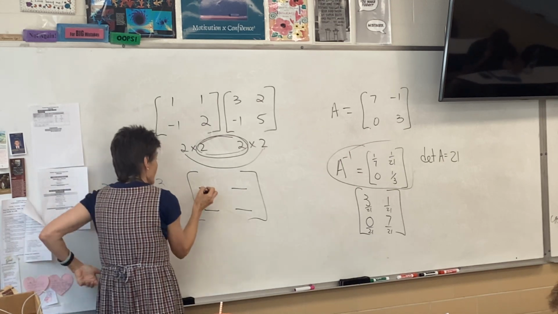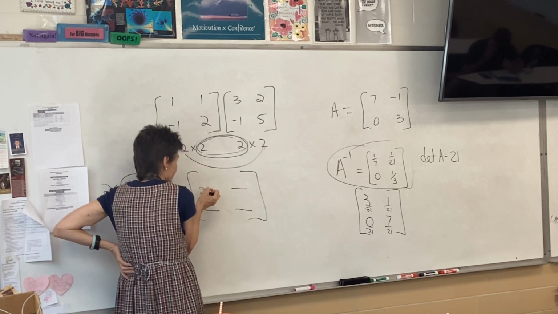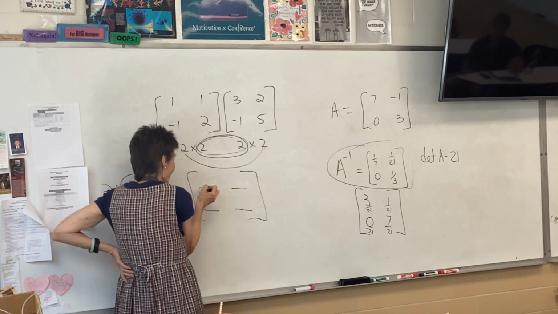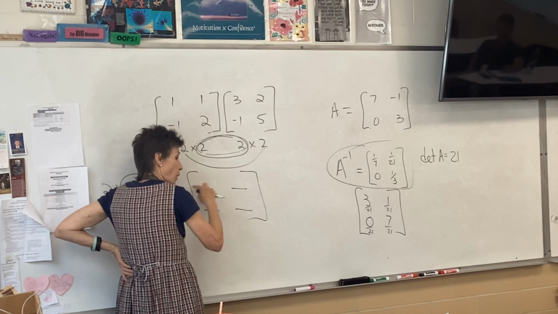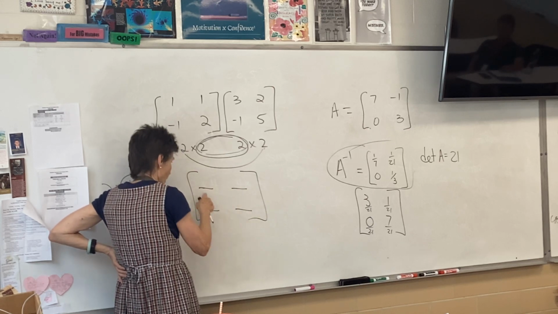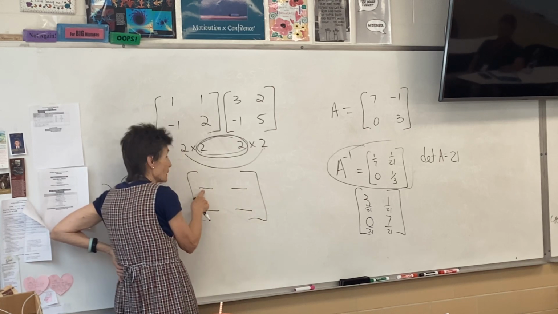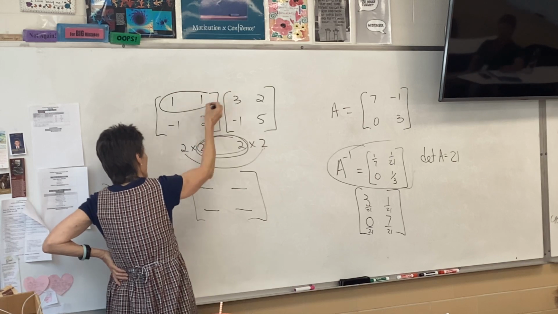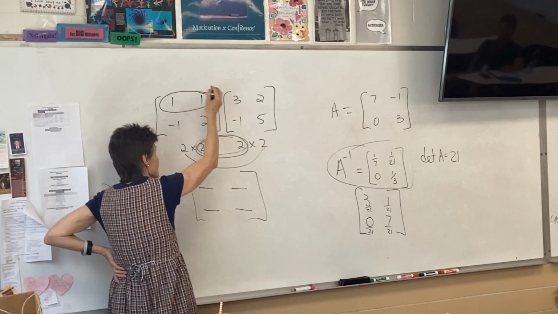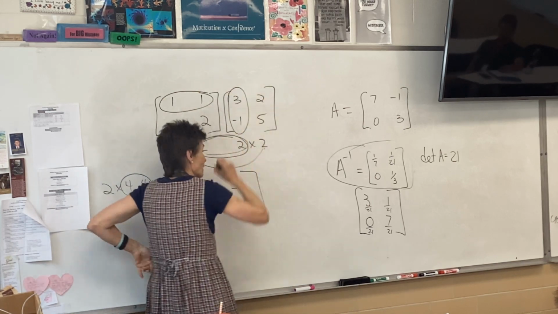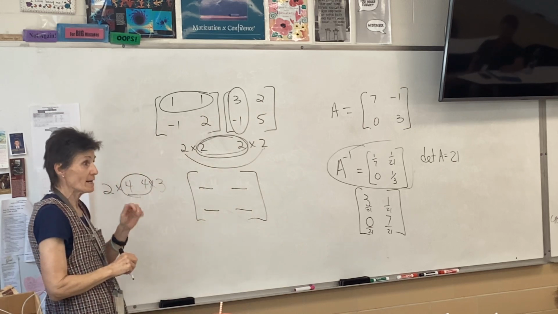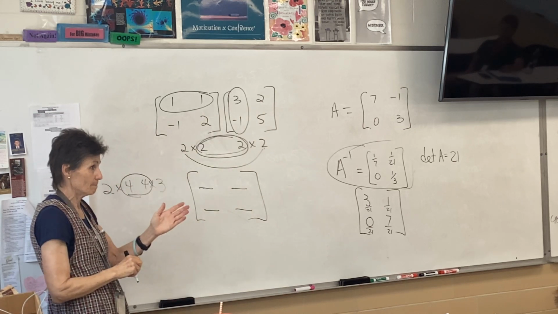Now, this guy right here, I'm going to figure out what this number is. That number is in row 1, column 1. Would you agree with that? So I'm going to take row 1 of my first matrix and column 1 of my second matrix. Always row, column.